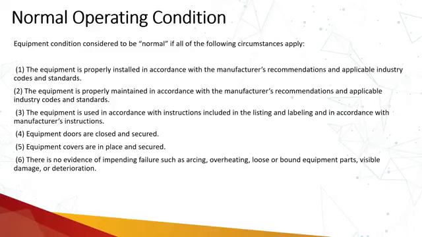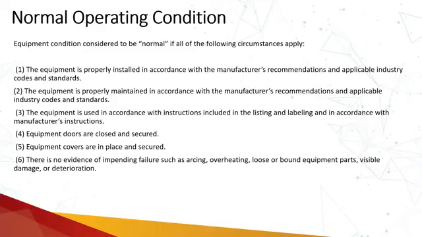Second, the equipment is properly maintained, whether the organization is following NFPA 70B or any other industry codes and standards. Third, the equipment is used in accordance with instructions included in the listing or labeling and in accordance with the manufacturer's instructions. So the equipment is being used as per the instructions given.